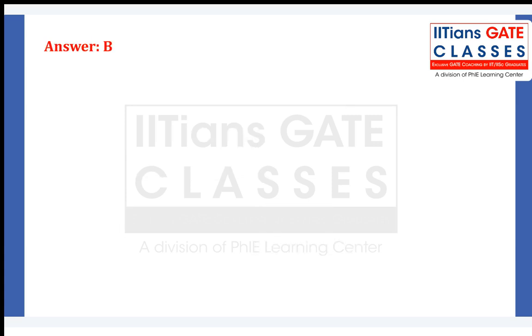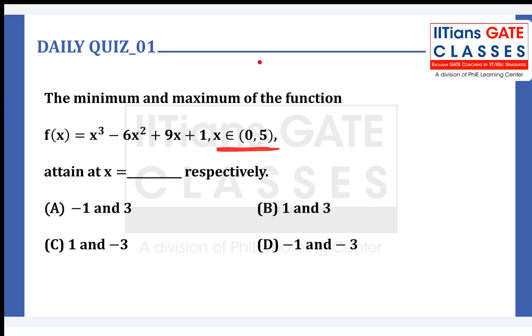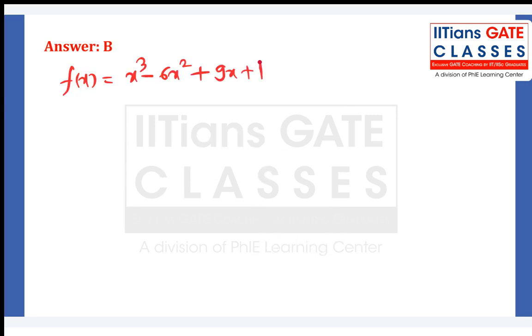Let's solve this one. So you have f of x equal to x cube minus 6x square plus 9x plus 1. Also x belongs to the range 0 to 5 excluding 0 and 5, open brackets. So let's first find critical points. For that you need to find f dash of x first, which will be 3x square minus 12x plus 9. Equate it to 0 and solve.